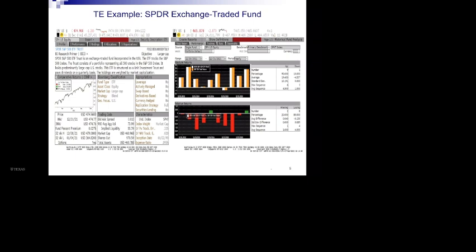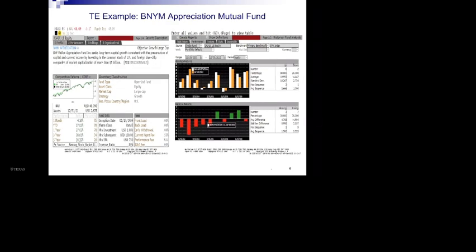We've also looked at an exchange traded fund, which was the SPDR, if you remember, the S&P 500 ETF. And then we also have spoken of an actively managed portfolio by a money manager out of Houston named Fayez Sarofim. It's actually marketed by BNY Mellon, and it's their Appreciation Fund. And this is an actively managed fund.